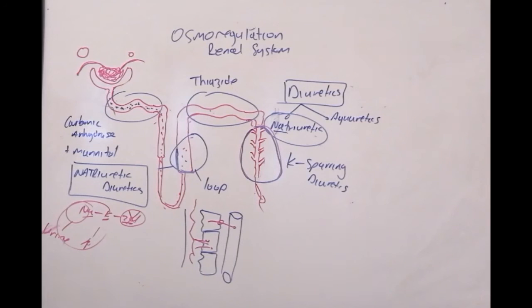And previously, patients who were on a loop diuretic were always given potassium supplements. But the latest guidelines state that if a patient is on a potassium sparing diuretic and also on a loop diuretic, you don't have to give them potassium, number one, because this will spare the potassium.